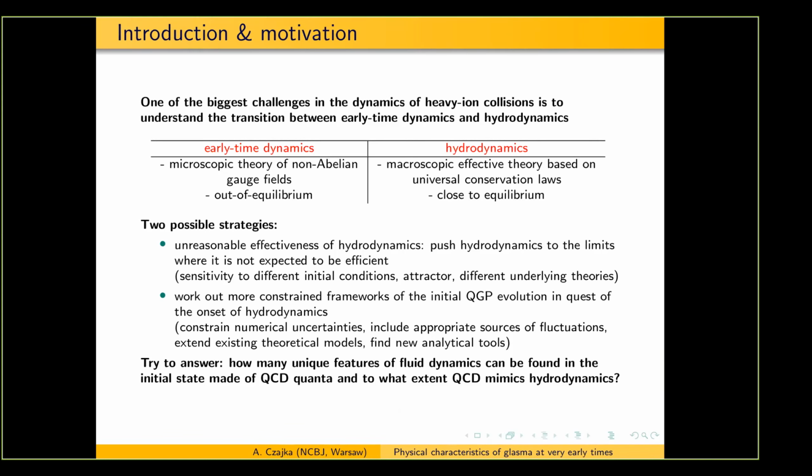It's very natural to ask what happens when we go from early time dynamics to hydrodynamics, when we imagine that at these highest energies we produce a system described by a microscopic theory of non-abelian gauge fields, which are highly anisotropic and far from equilibrium. It seems that there are two possible strategies. The first is the unreasonable effectiveness of hydrodynamics.